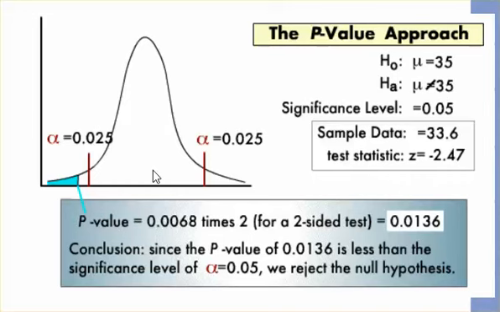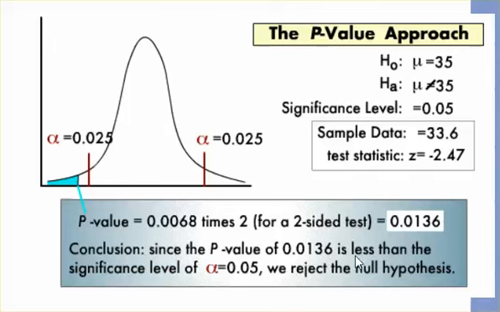That's the difference between 0.4932 and 0.5. Since it's a two-tailed test, we would simply multiply it by 2 and end up with a p-value of 0.0136. Therefore, as I pointed out, reject the null hypothesis if our p-value, 0.0136, is less than 5%, which it is.